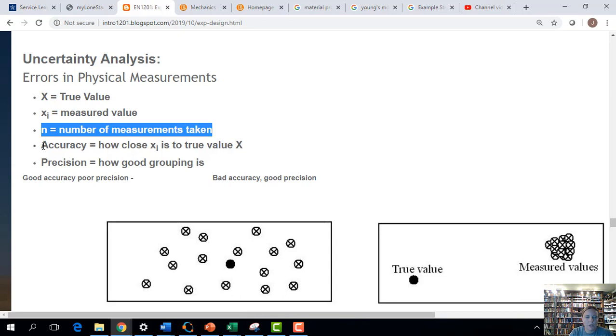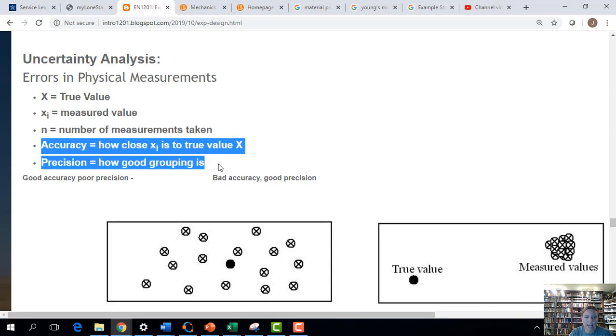So here are two words: accuracy and precision. If this dark dot in the center is the true value, and these crosses are the data points, then this black dot is kind of in the center of them. So for this one, you'd say it has good accuracy but bad precision.